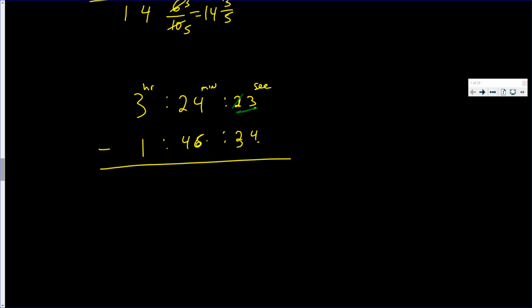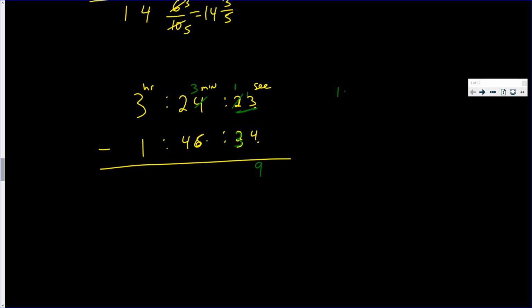So I can borrow 10 seconds and add on 10 seconds. Now 13 minus 4 is doable. It's 9. The problem is now I can't do the 1 take away this 3. So I borrow a minute. So now I have 23 minutes.